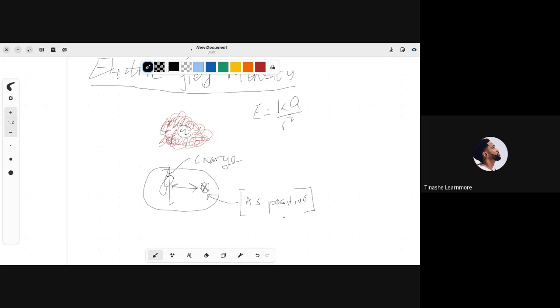We're always going to take that point as positive, and we're going to work on a couple of example questions where you'll see this in action. So when they're talking about a certain point within that field, always take it as a positive.